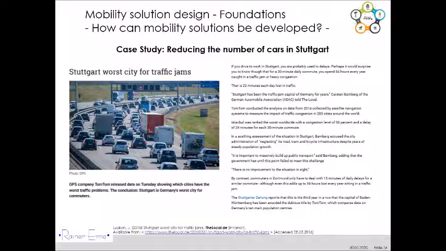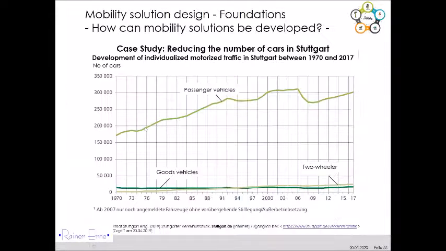So it's on a hit list among the top 5 cities with the worst traffic situation. And this has quite a couple of consequences. So the traffic situation is caused by the rise of passenger vehicles between 1970 and 2017.